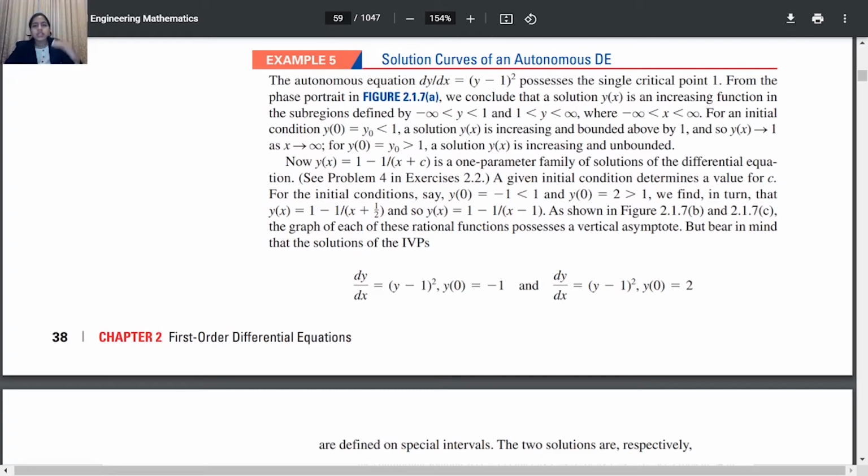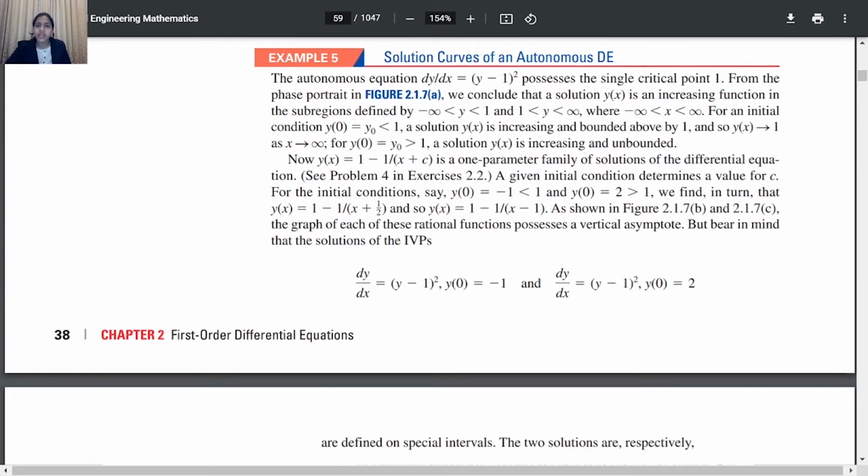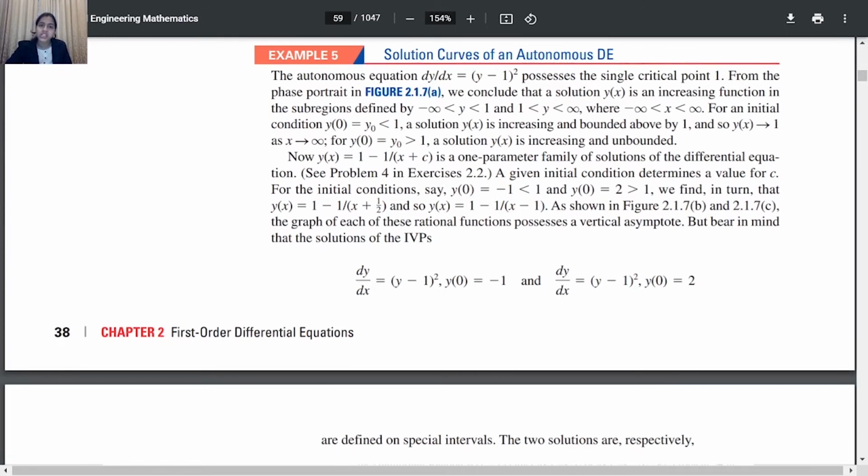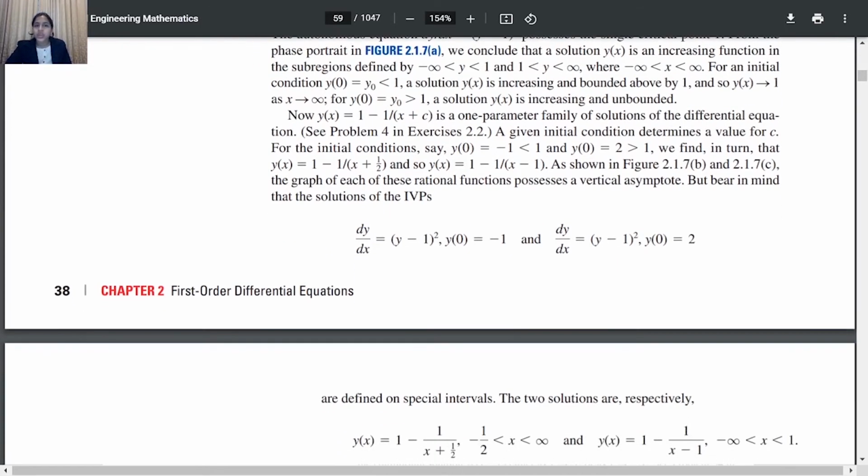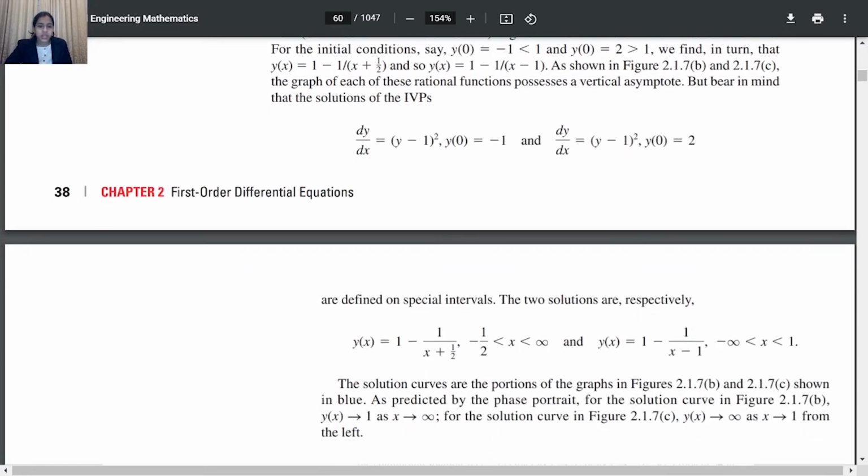So we can consider the regions to be minus infinity to 1, and 1 to infinity. Let us consider any particular point like we have done P dot in the previous case. Here I am going to consider y dot, y of 0 is equal to y dot. Let's look into the figure.